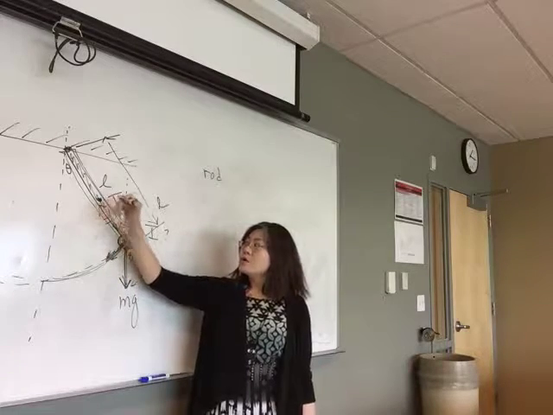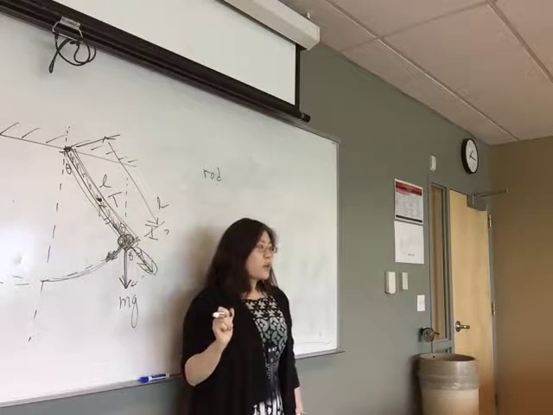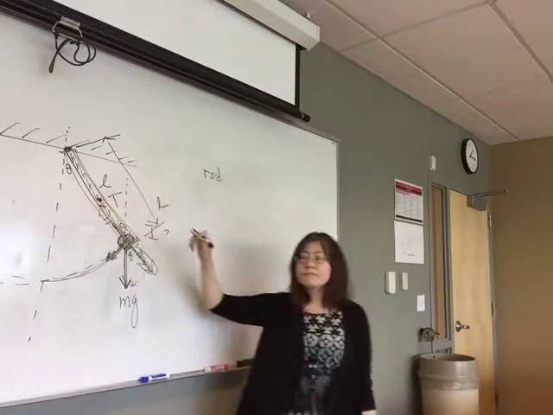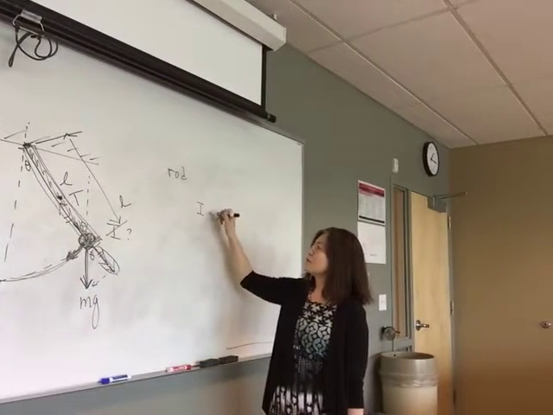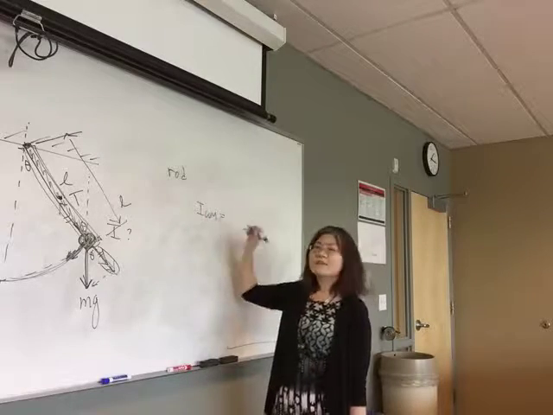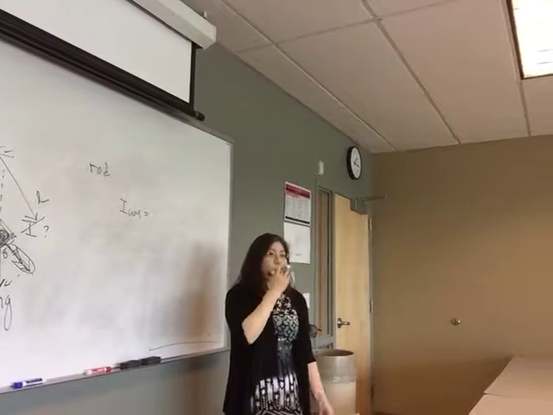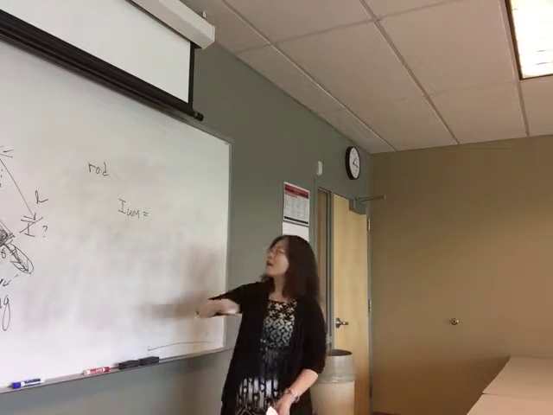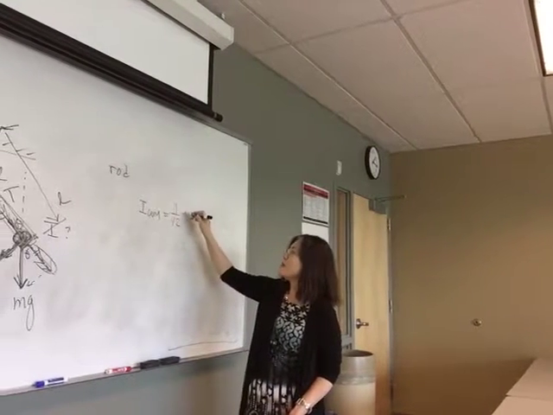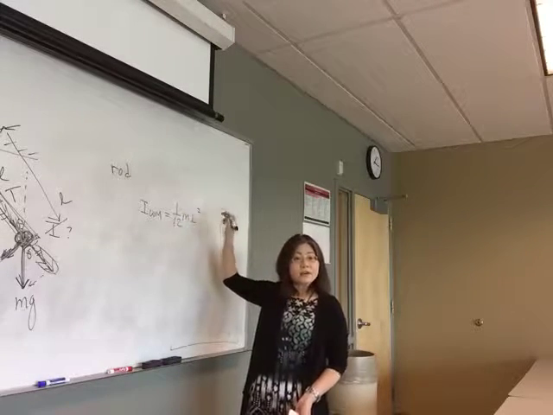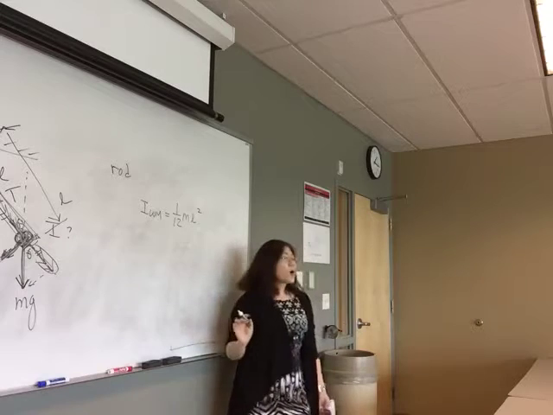Do we know the rotation inertia about the center of mass for a rod? It's 1/12, exactly. It's 1/12 times the mass of the rod times the total length squared, so that is 1/12 ml squared.